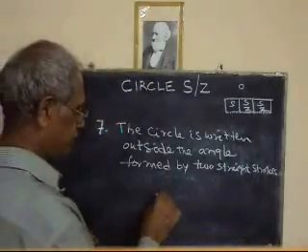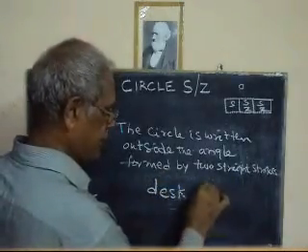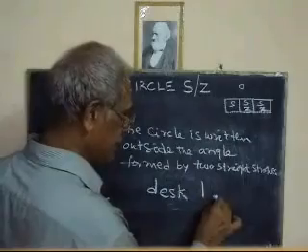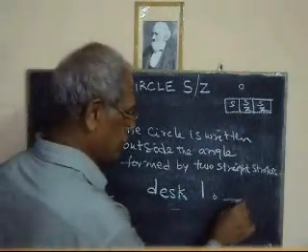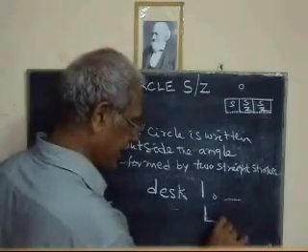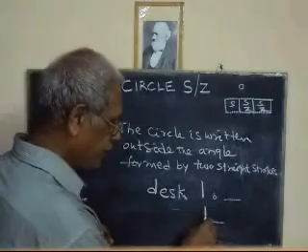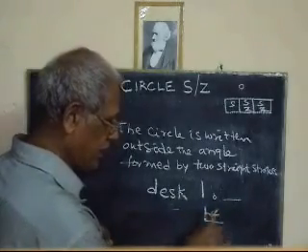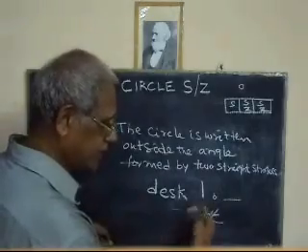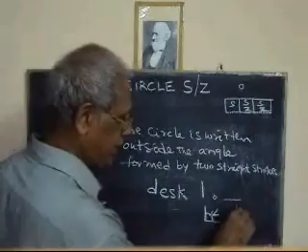For example, desk. D is K. So D, K, medium circle. So it should be written, this is the angle. Now outside the angle, on this side, we will have to write desk.